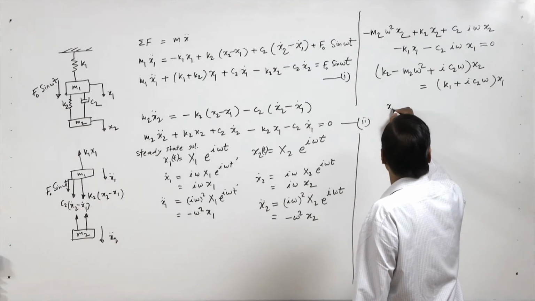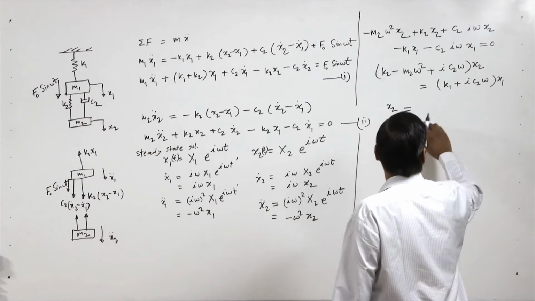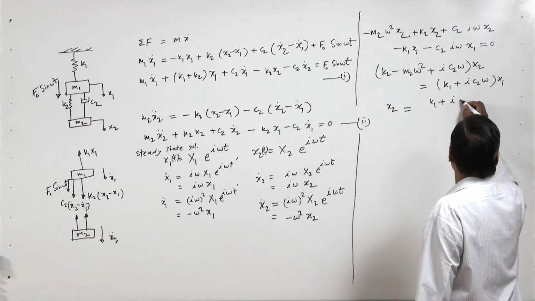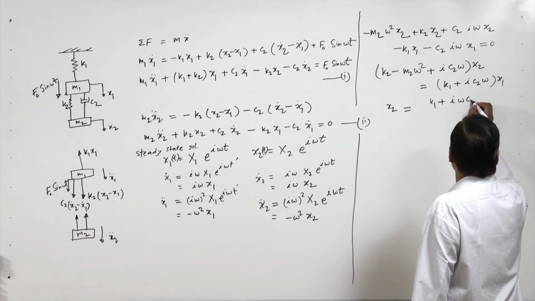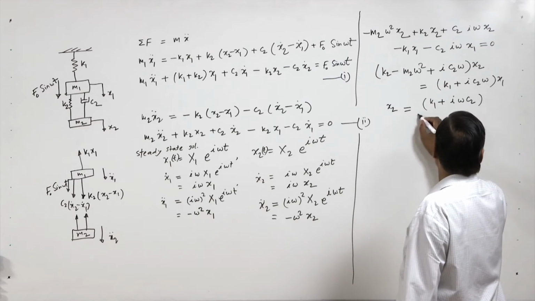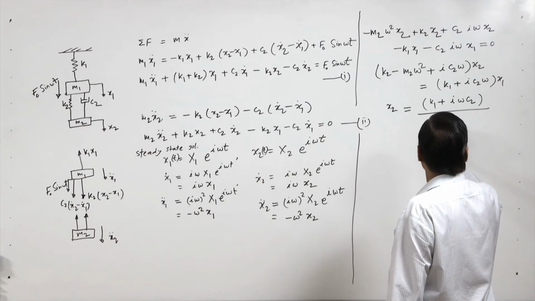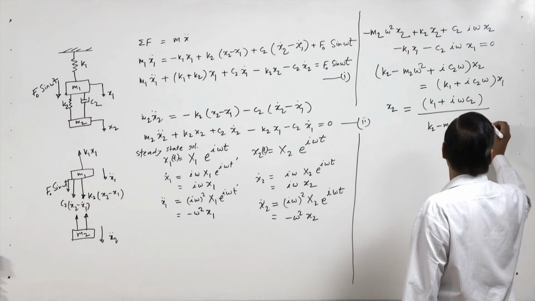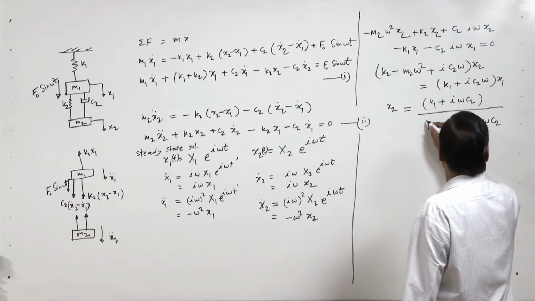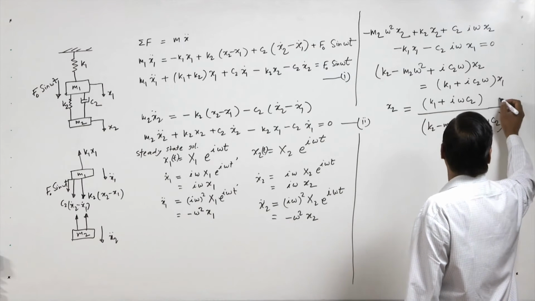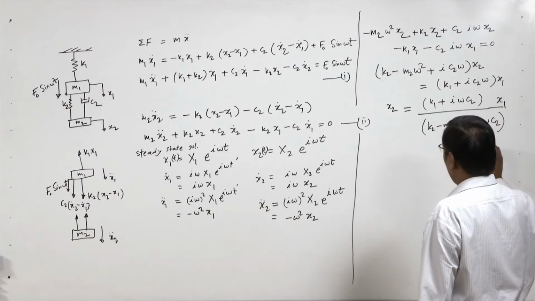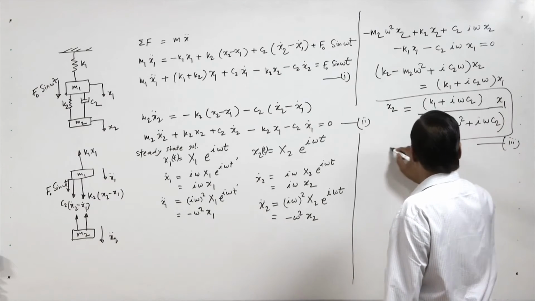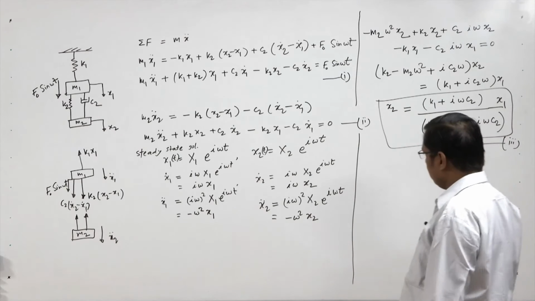Now we can express X2 in terms of X1. So X2 equal to (k2 plus i omega c2) upon (k2 minus m2 omega square plus i omega c2) into X1. So this is equation number 3. So we find X2 in terms of X1.